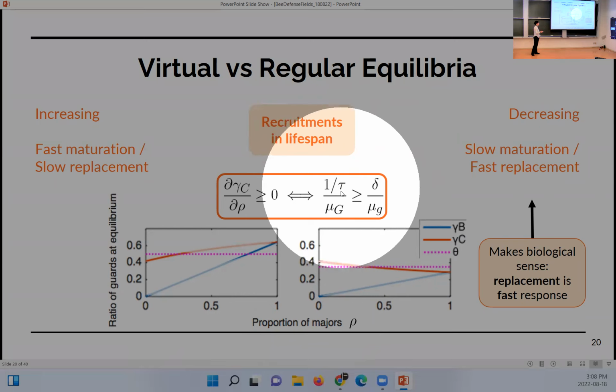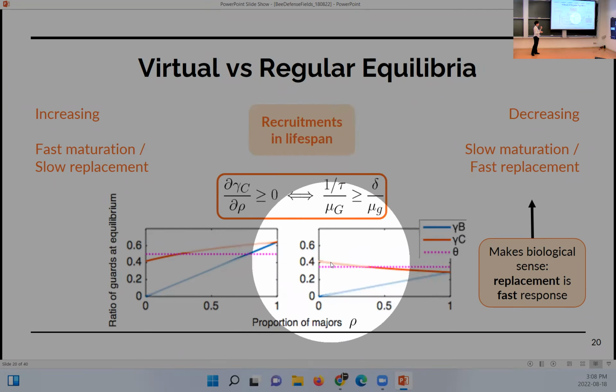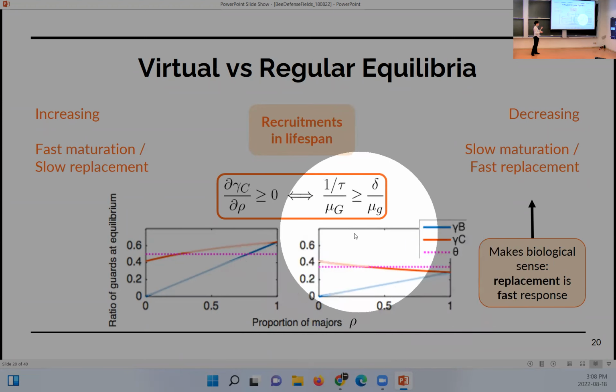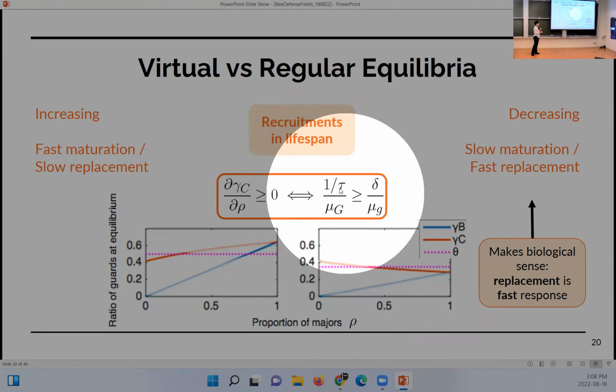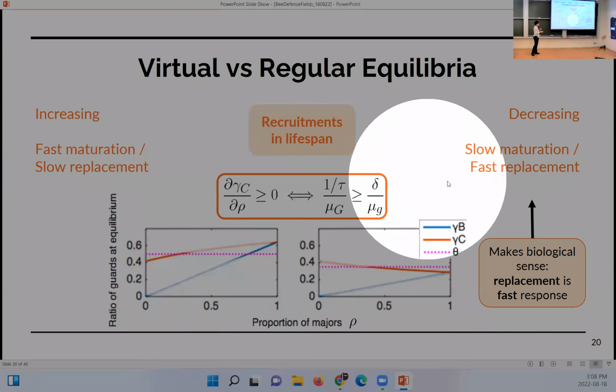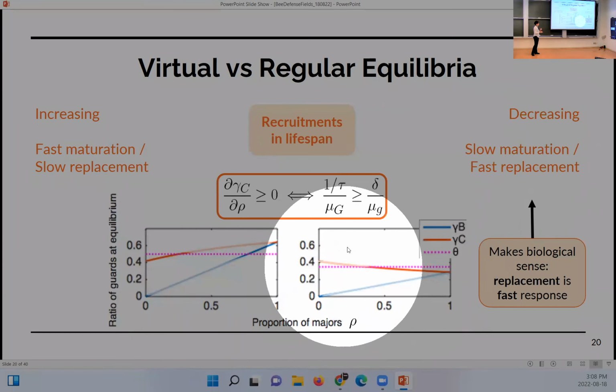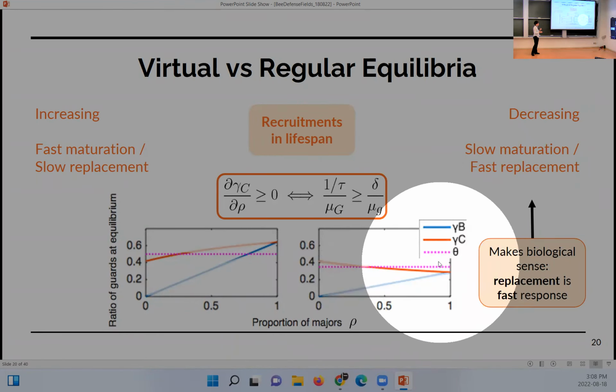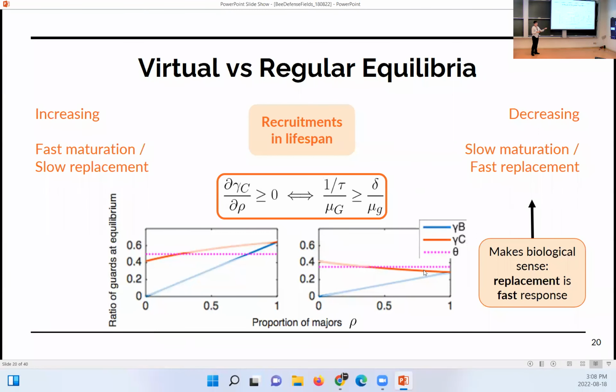If they are not entering the guarding compartment fast enough, then the more majors I have, the worse it is for the guarding proportion. So if maturation is really slow, like here, I will have a decreasing proportion of guards as I increase the proportion of majors, because they're taking too long to become guards. Otherwise I have an increasing function.